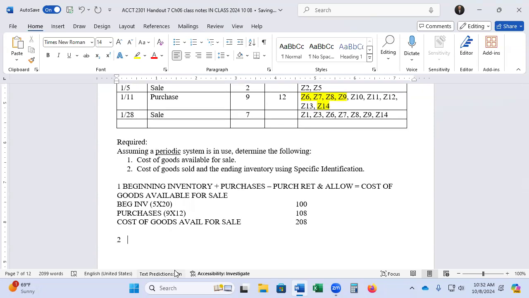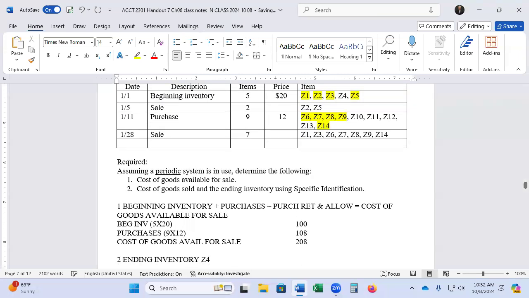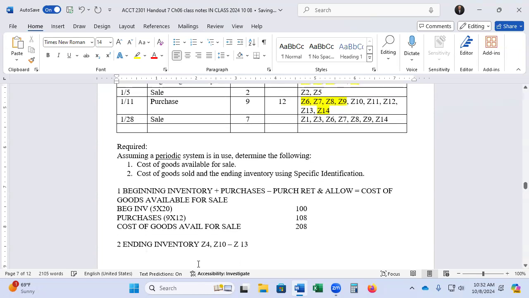So my ending inventory is Z4 and Z10 through 13. So that's 1 times 20, right?